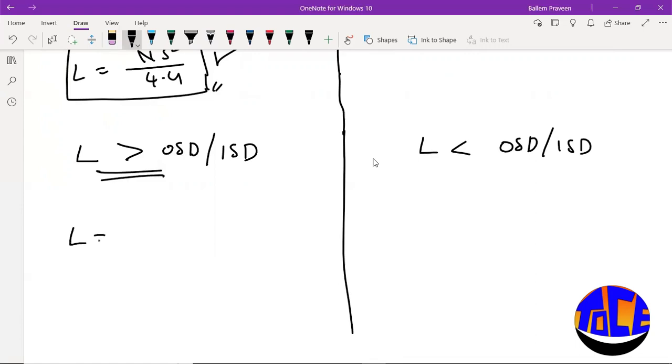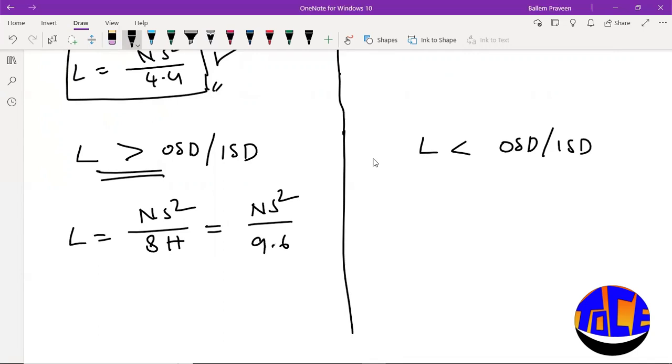For that the formula is N S square divided by 8H. If you substitute the H value 1.2 meters, it will become N S square divided by 9.6.